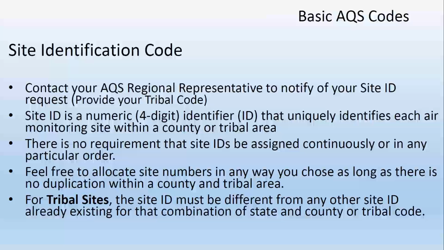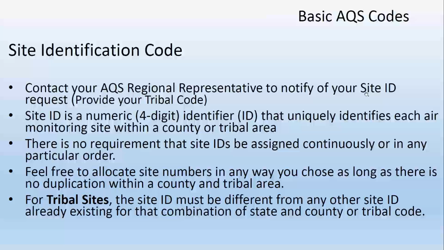that has a list of all the AQS regional contacts. In regards to a site ID, according to the AQS data coding manual, your site ID has to be a numeric 4-digit number that uniquely identifies each air monitoring site within a county or tribal area. There's no requirement that the site IDs be assigned continuously or in any particular order. Tribes, you are free to allocate your site ID numbers in any way that you choose, as long as, and keep this in mind, there's no duplication within a county and tribal area.